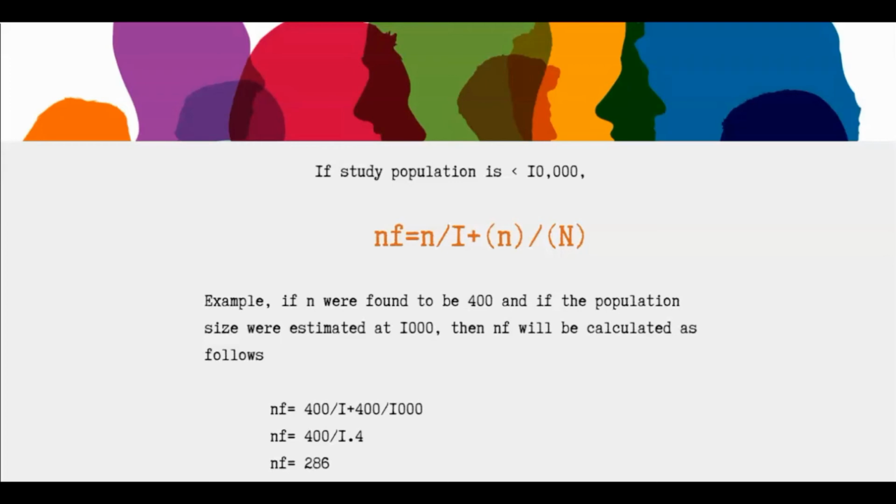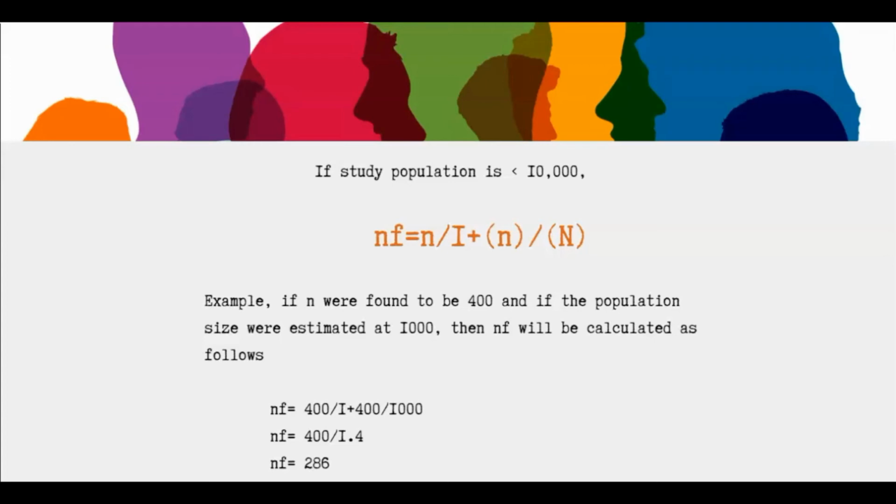For example, if N were found to be 400 and if the population size were estimated at 1,000, then NF will be calculated as follows.